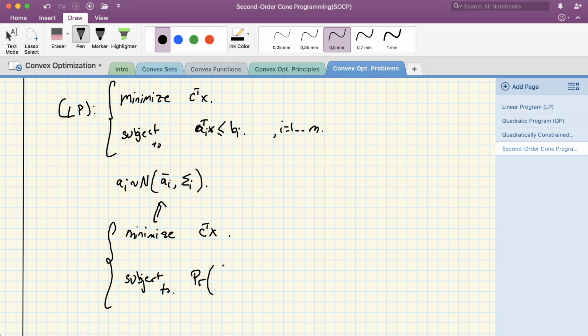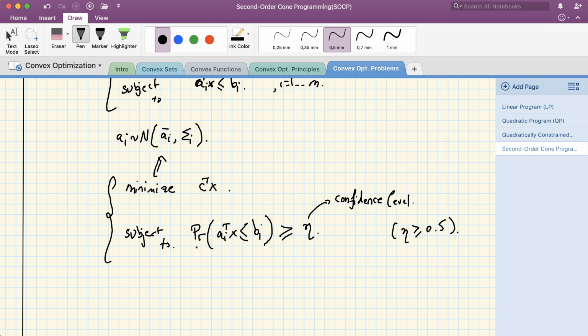So the probability now that AI transpose X is less than BI is greater than a certain threshold or a confidence level, since we are sure that at least at that level AI transpose X is upper bounded by BI, right? And usually eta is picked to be at least 0.5. Now, as we will see, this constraint could be written as a second order constraint.